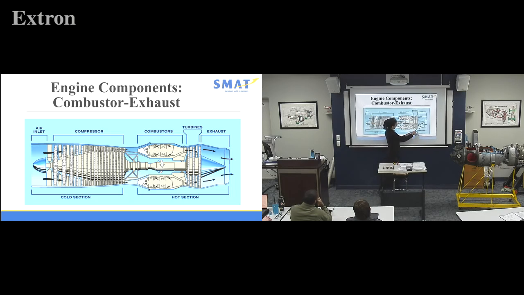But after the turbine, this is considered the whole exhaust section. And we'll talk about what that component is. That's the actual part of the engine, but then the air is flowing all around it. Any other questions?